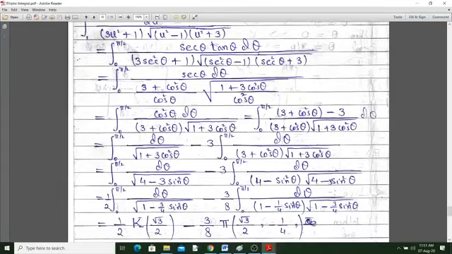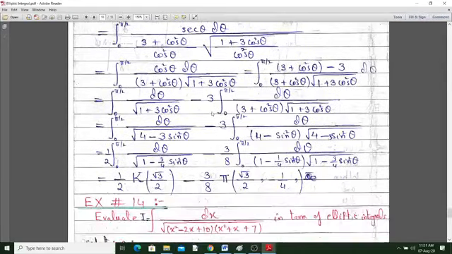Now we write the numerator in this form: 3 plus cos square theta minus 3. In fact, we just add and subtract 3, and then we break the integral. From the first, we break this expression, the LCM, this expression is cancelled, we get this expression, and from this second integral we get this expression.